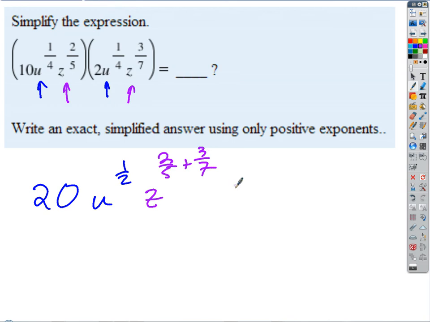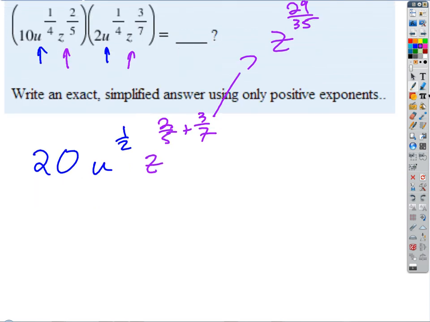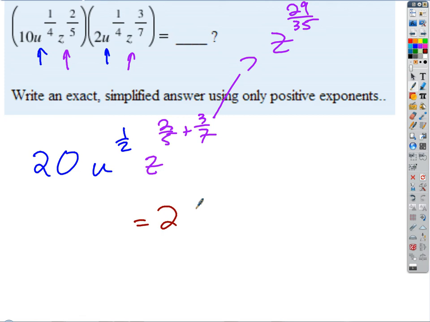So this is just going to be z to the 29 over my common denominator, 35. Right? So my final answer then just looks like 20 u to the 1/2 z to the 29/35.